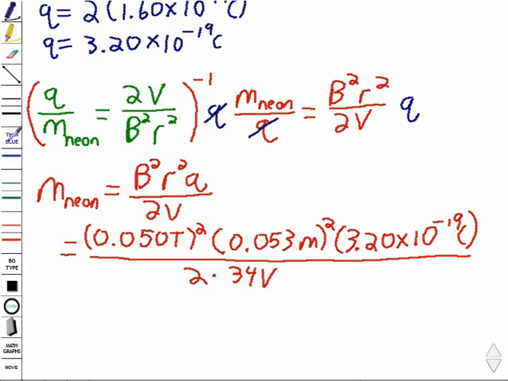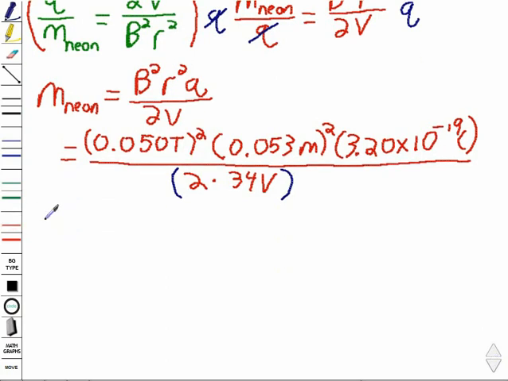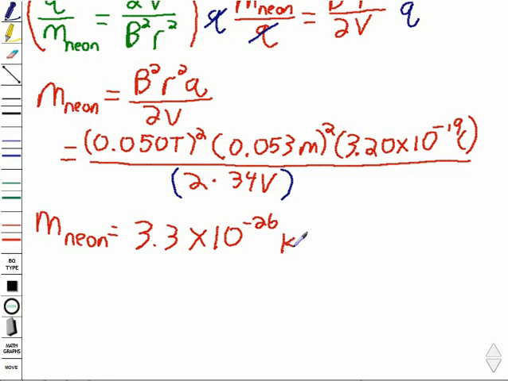When using graphing calculators, if you don't put parentheses around these numbers, you won't get a correct answer. So the mass of neon comes out to be 3.3 times 10 to the negative 26, in kilograms.